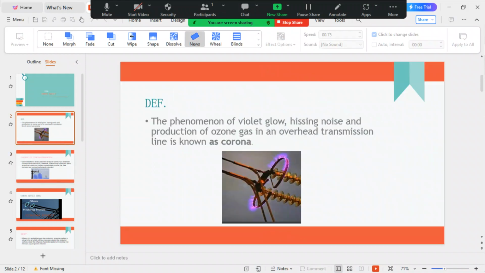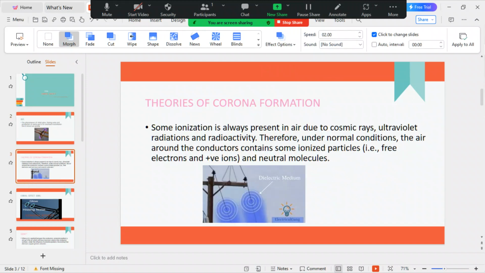A brief theory behind it is that some ionization is always present in air due to cosmic rays, ultraviolet radiations, and radioactivity. Therefore, under normal conditions, the air around conductors contains some ionized particles, that is, free electrons and positive ions and neutral molecules.